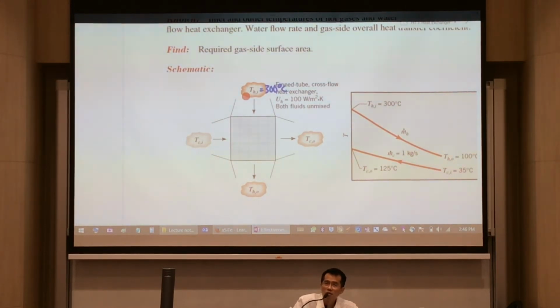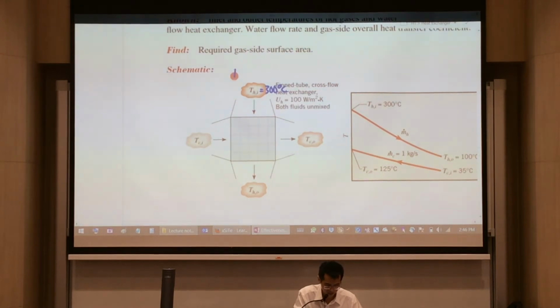In this case, read the question. It says the hot fluid side, what kind of fluid is that? It's actually your hot exhaust gases. So it goes into the heat exchanger at 300 degrees Celsius and exits at a temperature that's 100 degrees Celsius. That's for the hot side.